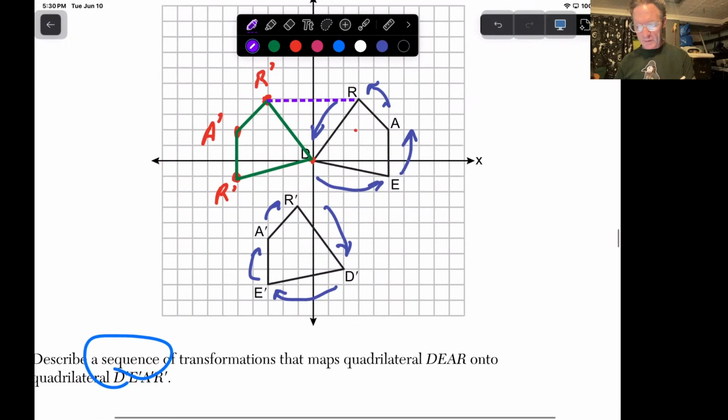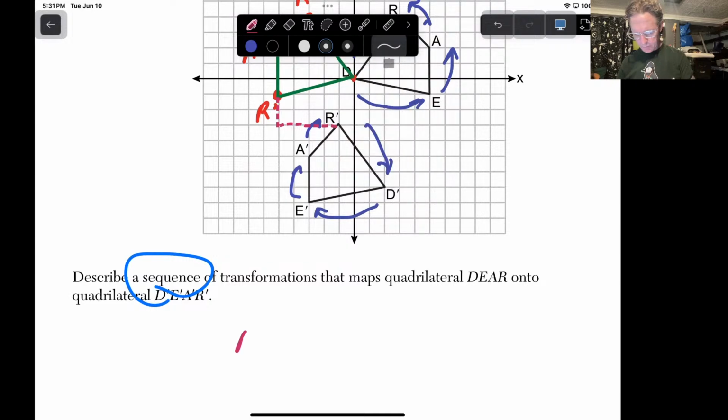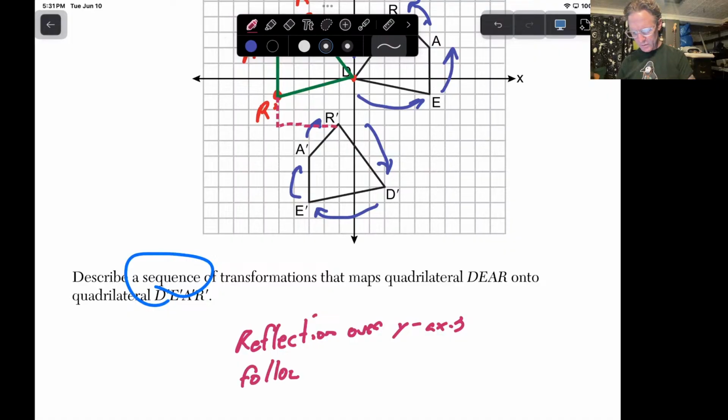So if I reflect it over the y-axis, then what would I have to do? R, for example, goes down 2, over 3, 4. So I would say a reflection over the y-axis, followed by a translation.